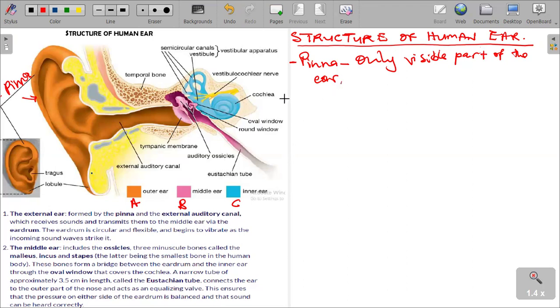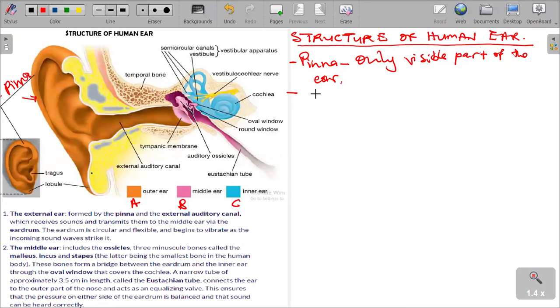And then what else are we saying about the pinna? You should understand that the pinna is the cartilaginous structure which is shaped to ensure that sound waves are directed towards the eardrum.